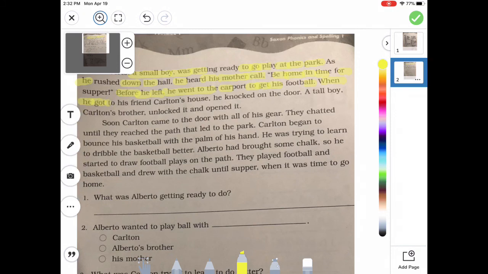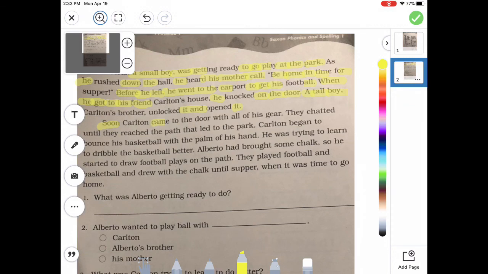When he got to his friend Carlton's house, he knocked on the door. A tall boy, Carlton's brother, unlocked it and opened it.